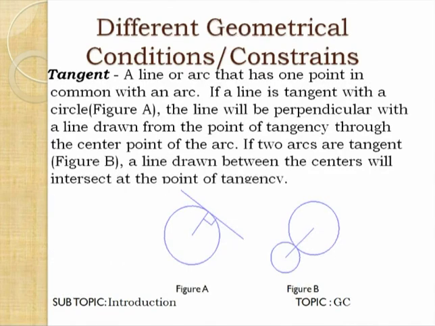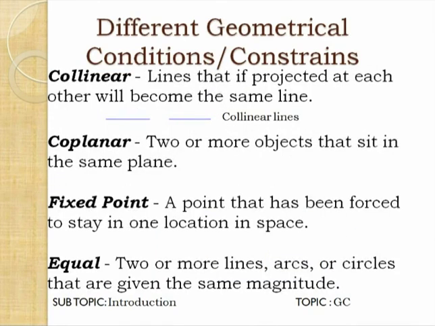Then tangent. Here there are two figures for tangent. One is tangent to the circle and another, in figure B, two circles are tangent to each other at common point of tangency. Then collinear. Lines that if projected at each other will become the same line.